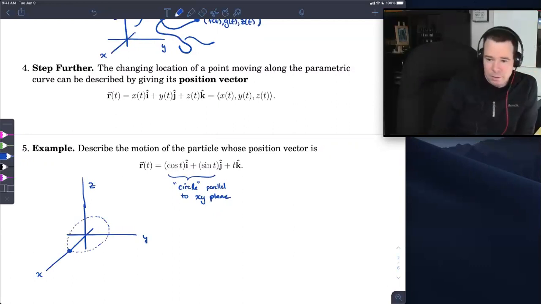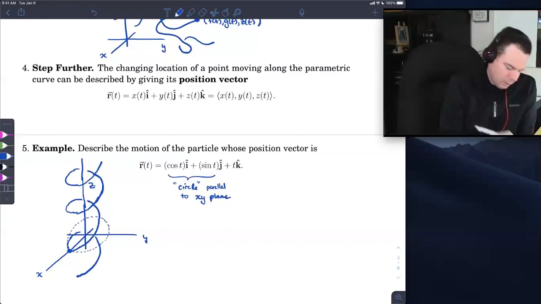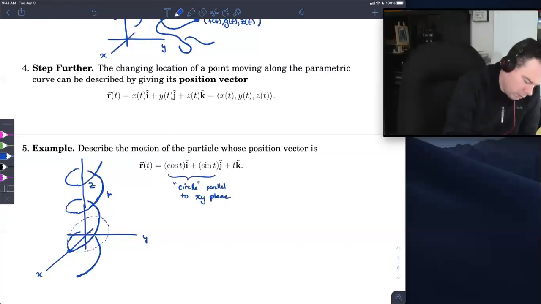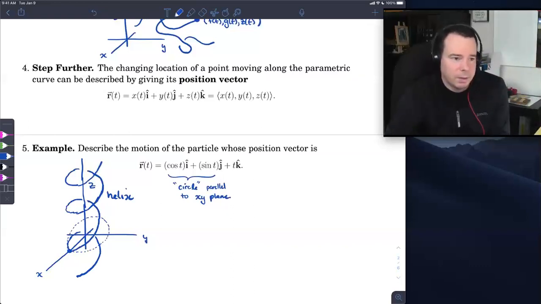It's not, because the z value is changing, so what's happening is it's actually going up the axes and doing things like this. So it's traveling up the axes and it's spiraling around it. And similarly as it's going down as well. And so what we get is what's called a helix. This spiraling thing around the axes.